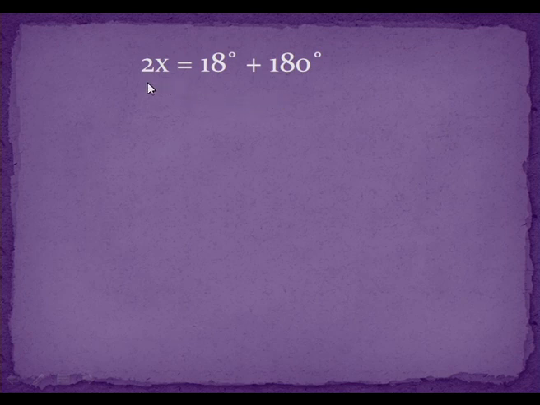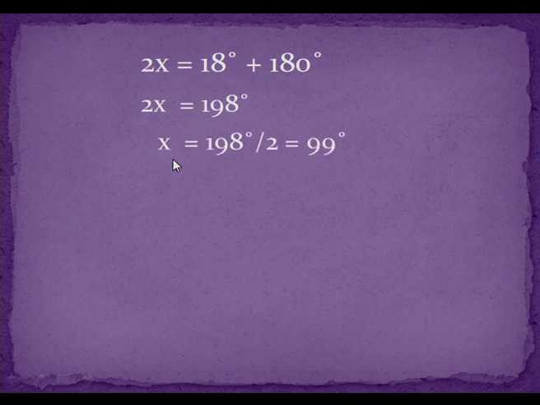I get 2x is equal to 18 degrees plus 180 degrees, which means my 2x is equal to 198 degrees. So, my x is 198 degrees by 2, which is 99 degrees, which means my larger angle is 99 degrees.